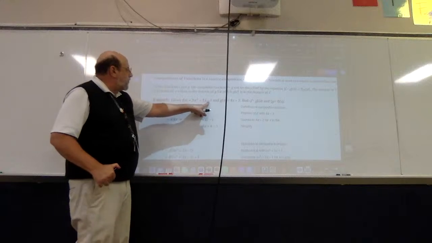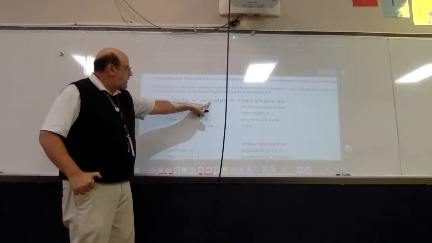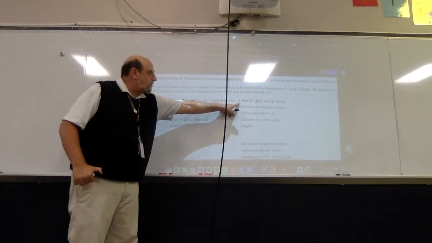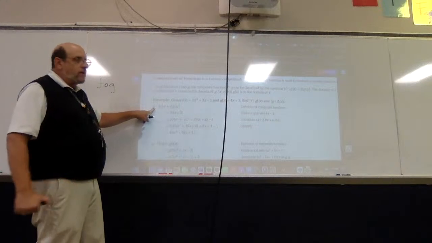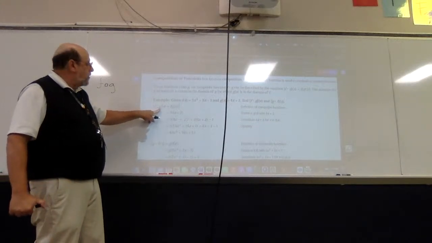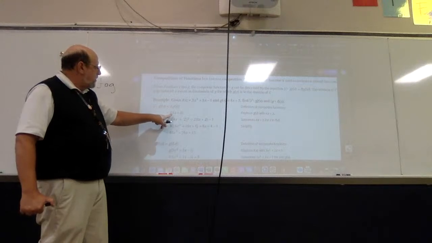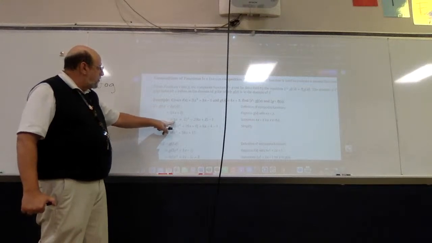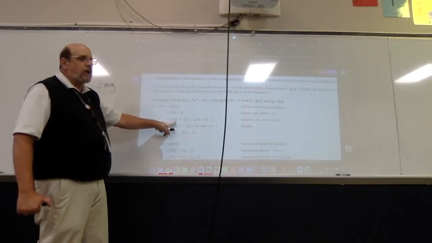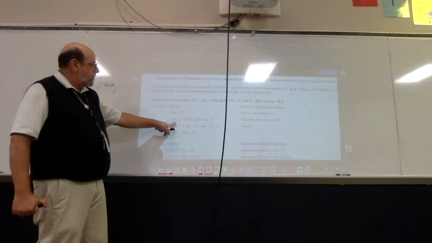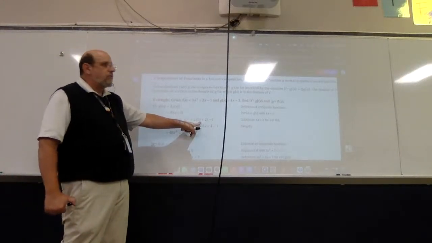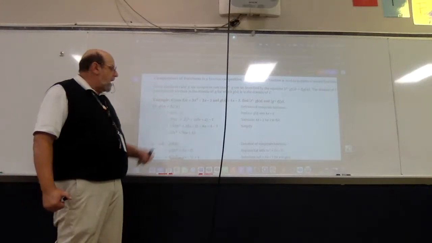They give you these two functions. Here's f of x. Here's g of x. F composed of g, we put g of x in for f. So everywhere you see an x, you put in 4x plus 2. And then there's an x there, 4x plus 2. Then you do the math, right?